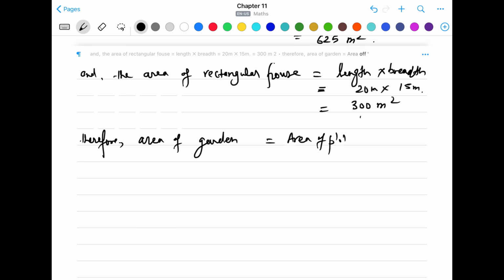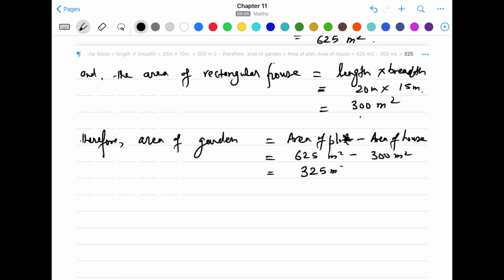The area of plot is 625 meter square and the area of house is 300 meter square. When we subtract the two, the result will be 325 meter square. So that's the area of the garden region.